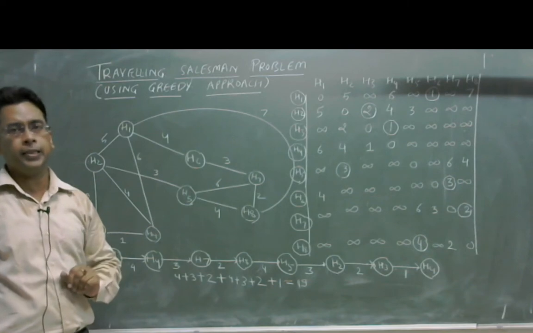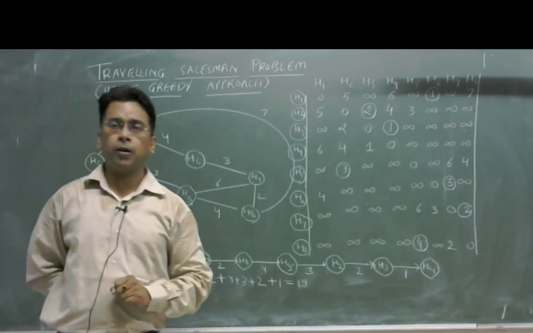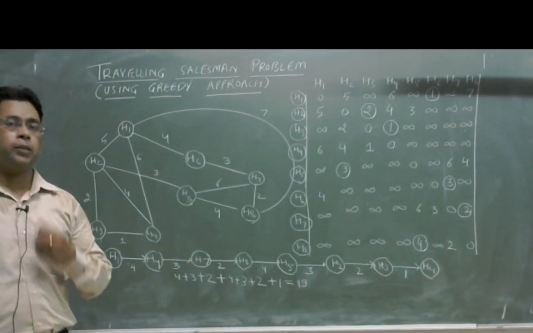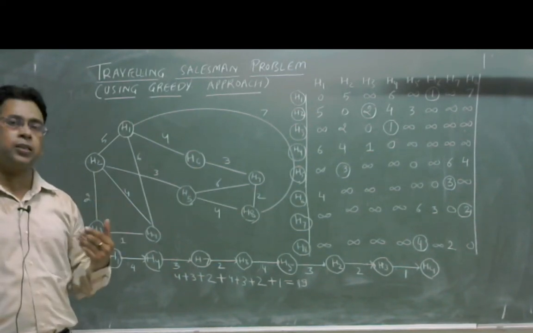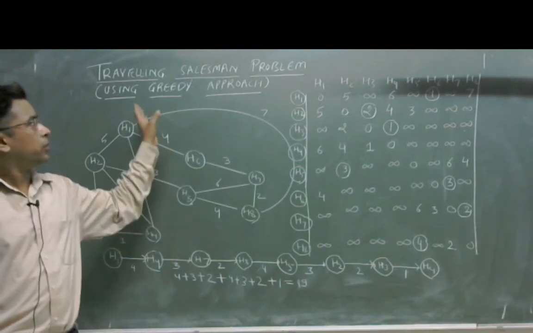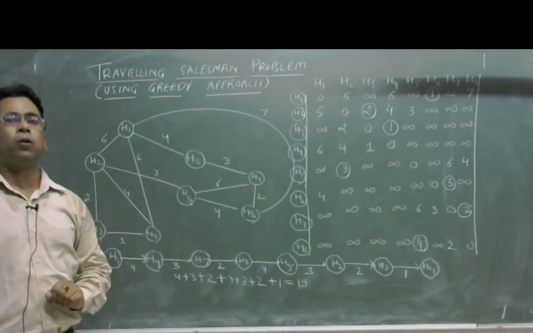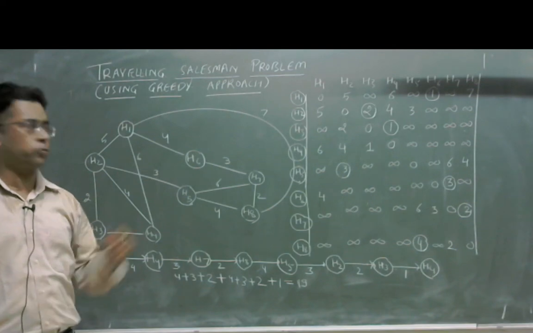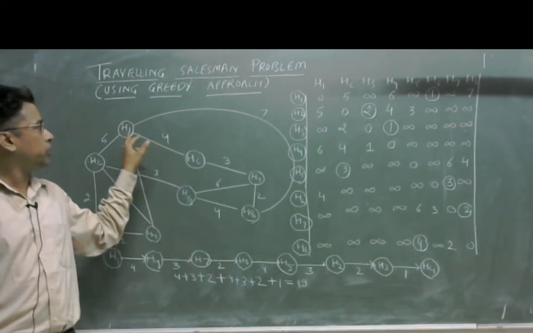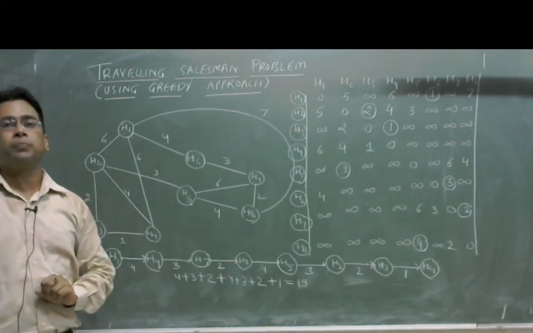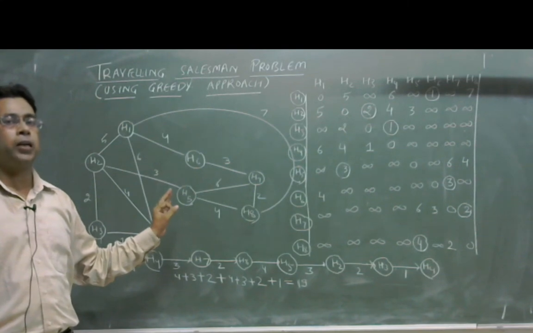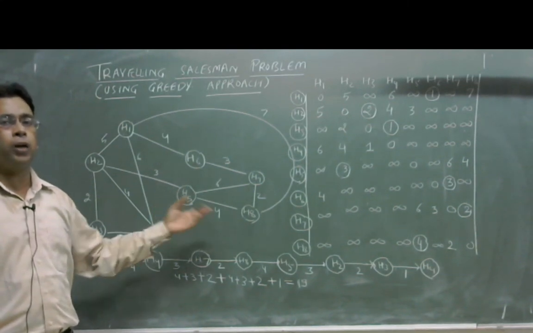all the cities. This may appear to be a very simple problem, but there is a condition that we cannot always find the solution to the traveling salesman problem, or TSP, this way, because it depends upon the point from where we start. It is possible that the node from where we start does not give you the optimal solution.